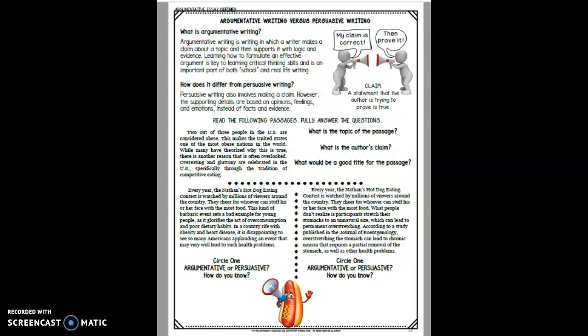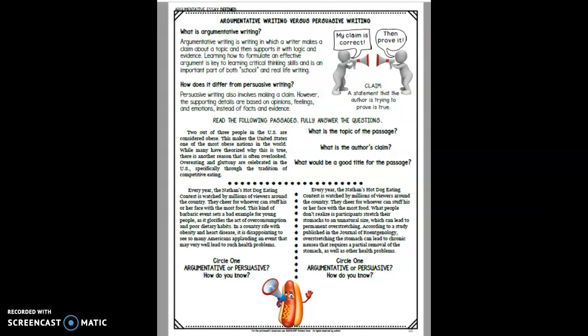Here's the next paragraph. Every year, the Nathan's Hot Dog Eating Contest is watched by millions of viewers around the country. They cheer for whoever can stuff his or her face with the most food. What people don't realize is participants stretch their stomachs to an unnatural size, which can lead to permanent overstretching.